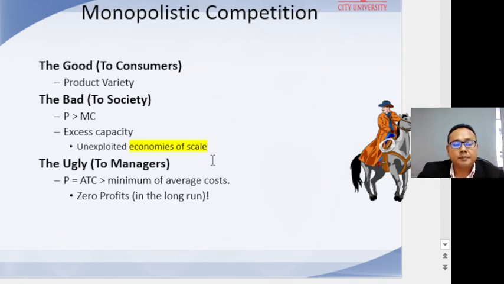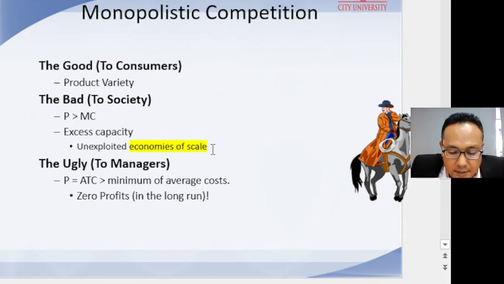It's different compared to economies of scope. Sorry, economies of scale refers to quantity. What I explained and gave as an example just now is economies of scope. Sorry about that.